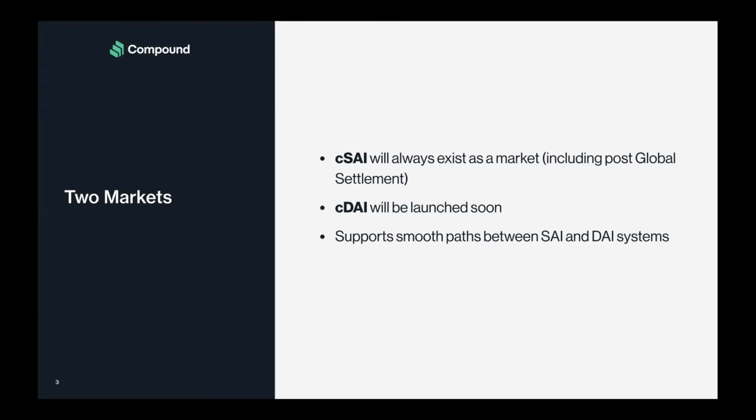In both assets, there's going to be an interest rate to borrow the asset and an interest rate that can be earned by supplying the asset. And the advantage of this is that it creates another backwards bridge between C-Psi and Dai that's fully backwards compatible. So if you're a Maker user today and you would like to migrate from the C-Psi ecosystem to the Dai ecosystem, you have two choices.